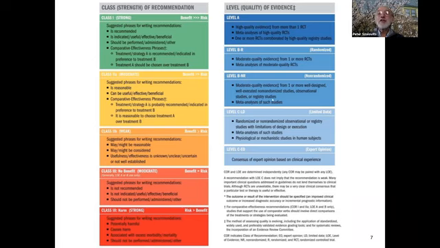And then this shading coding is basically how good the evidence is for the recommendation. The best evidence, level A, is high quality evidence from multiple randomized controlled clinical trials, or meta-analyses of a set of high quality RCTs, or RCTs corroborated by high quality registry studies.